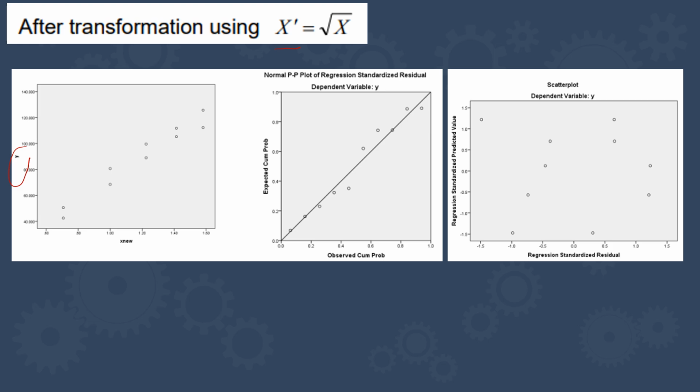We can see the line is a bit straighter, more linear compared to the plot before the transformation. Based on the normal PP plot, most of the observations lie approximately close to the straight line, and from the scatter plot we can see a reasonably linear relation between x and y. So this is the difference between before and after transformation.